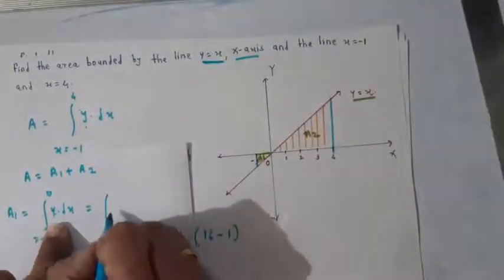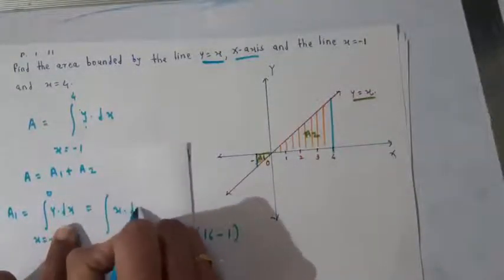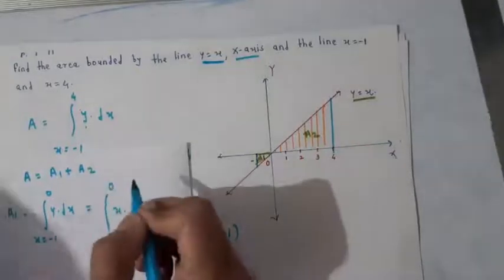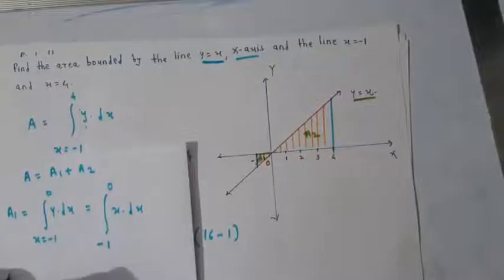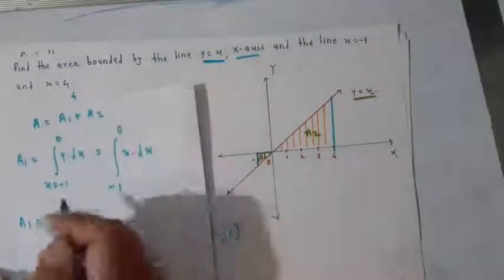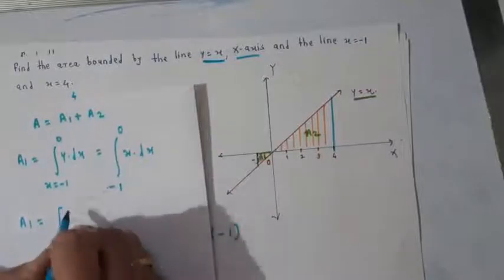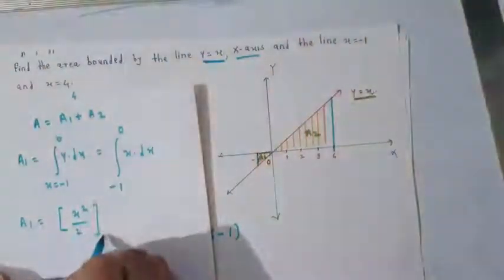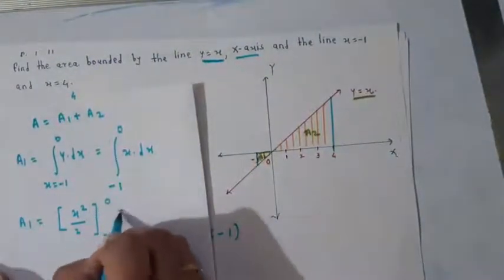Therefore, A1 equals the integral of x with respect to x, using the x raised to n formula, that is x square upon 2, limits minus 1 to 0.